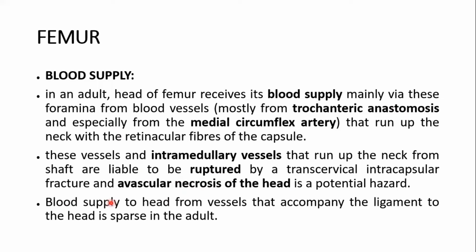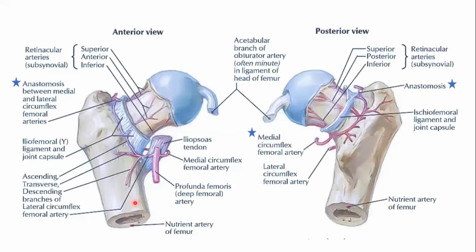Blood supply to the head from vessels that accompany the ligament of the head is sparse in the adult. Here you could see these vessels. This is the anastomosis between the medial and lateral circumflex femoral arteries. You could see this is the anastomosis, right? This is the medial circumflex femoral artery over here, right?